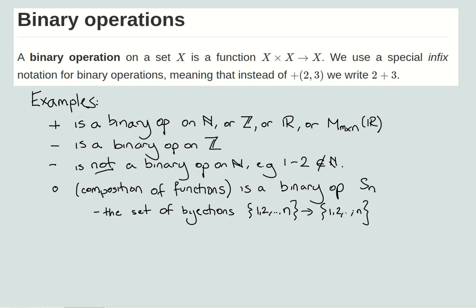The reason that composition of functions is a binary operation on Sn is that we have a result telling us that the composition of two bijections is again a bijection.